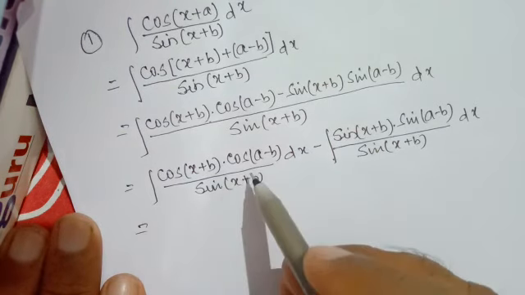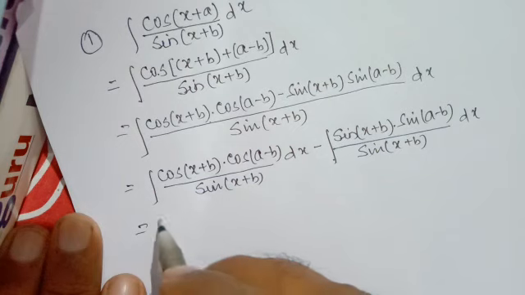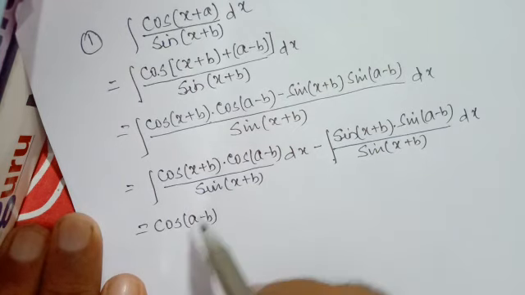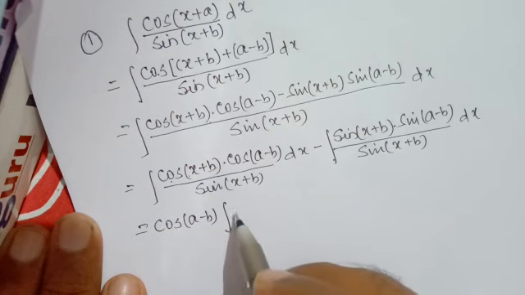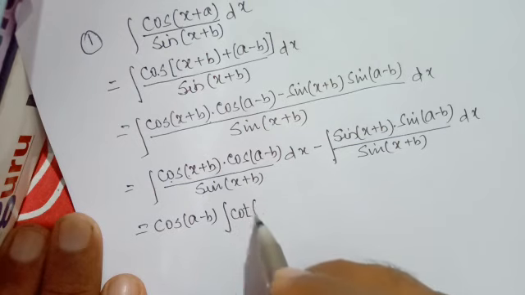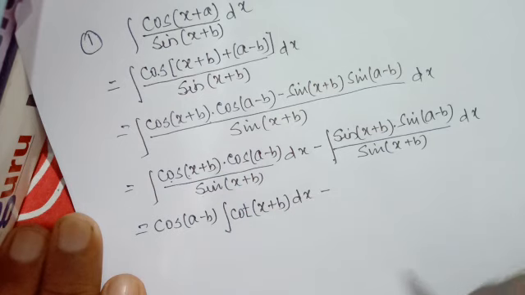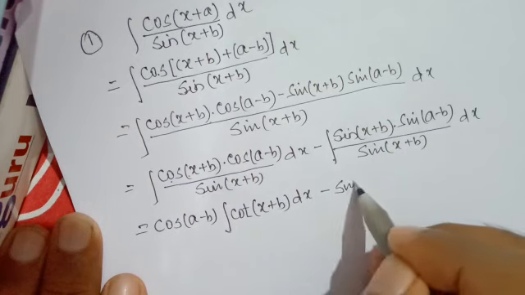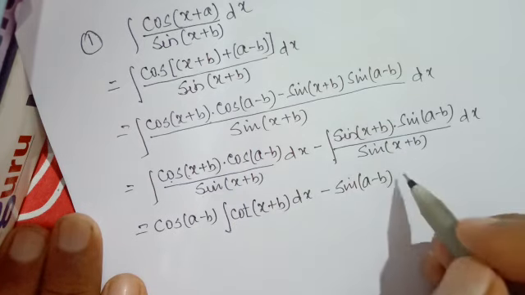In the first integration, cos(a minus b) is constant, so take it outside integration. How much left? Integral of cos(x plus b) upon sin(x plus b), which should be written as cot(x plus b) dx, minus, here sin(a minus b) is constant, so take outside integration.